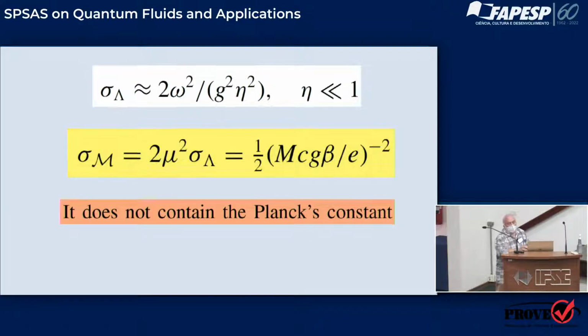When we calculate either the mean magnetization in the high temperature regime or the variance, calculated in magneton Bohr by the mean value of this lambda, we see that the Planck constant disappears. We have magnetic properties which do not contain the Planck constant in the high temperature regime.